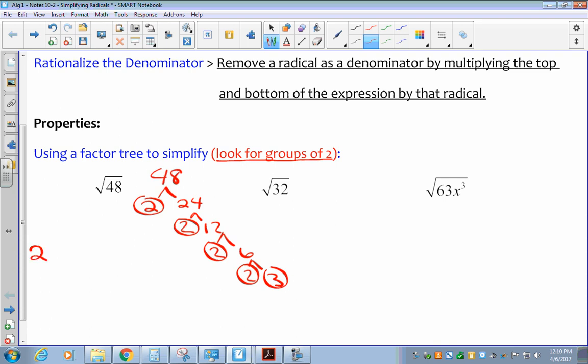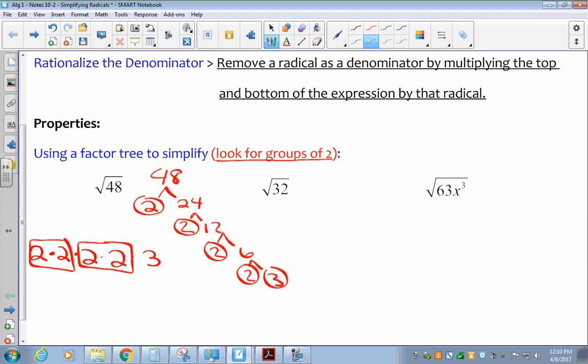So 48 is 2 times 2 times 2 times 2 times 3. We're looking for groups of 2. So that's 2 times 2 and 2 times 2. Technically, I have 2 groups of 2. So we know that there are 2 perfect squares, or 1 bigger perfect square, that lives inside of 48.